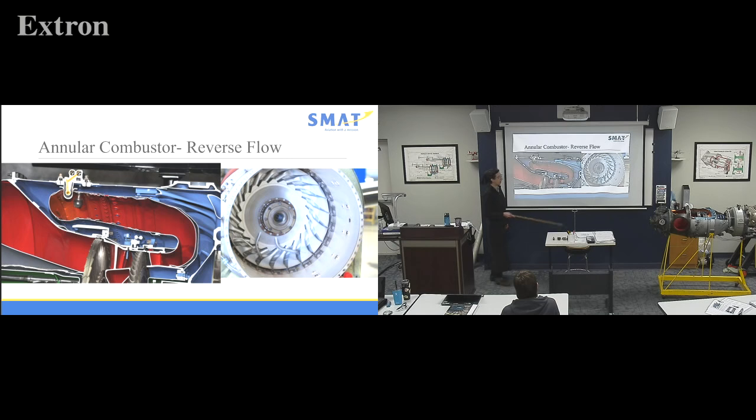We're going to talk about why the oil scavenge line would be bigger than the oil pressure line.